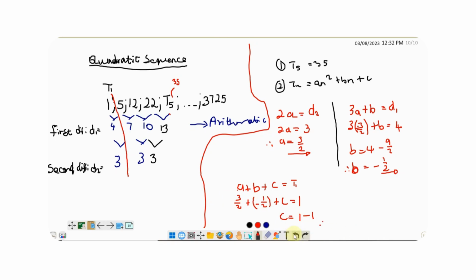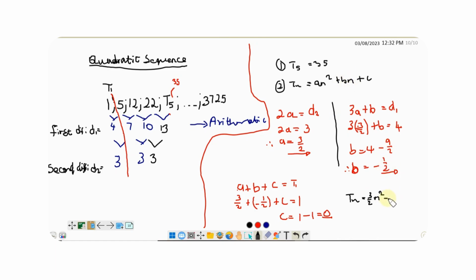Let me do this, guys. Let me write this here, C equals 0 here, so that I can write Tn properly. Okay. So we have the value of A, so we want to write it in this form. So Tn equals A, which is 3 over 2, n squared, and then plus B, and B is what?